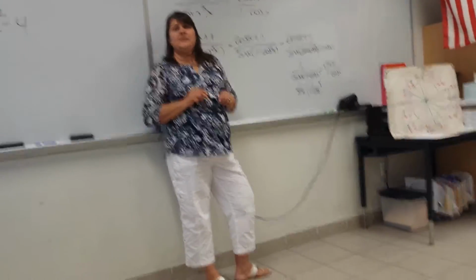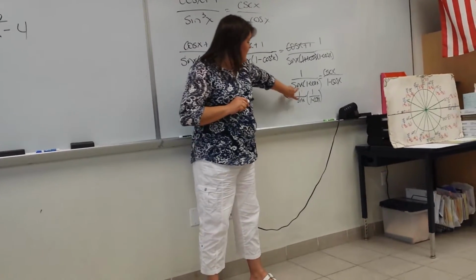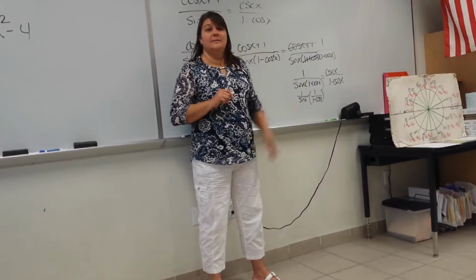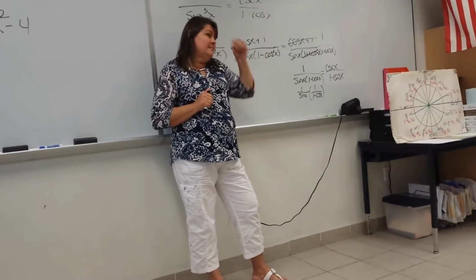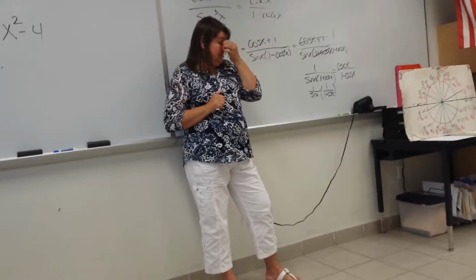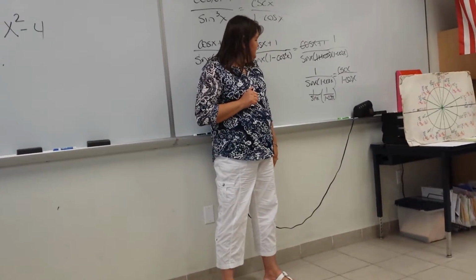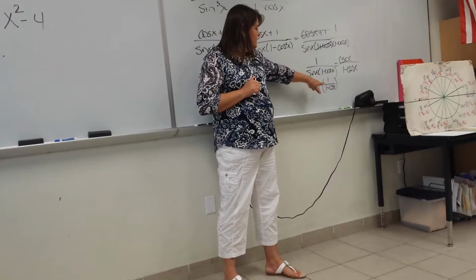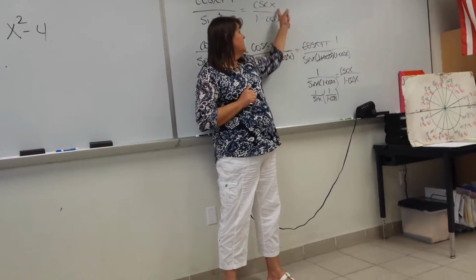I just did it in my head, unfortunately. And I recognize that this becomes cosecant, then you flip it up. So 1 over sine is cosecant. Cosecant over 1 times 1 over 1 minus cosine is cosecant over 1 minus cosine.